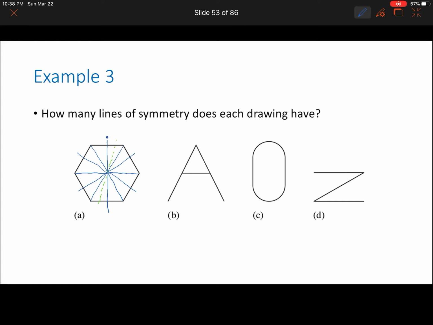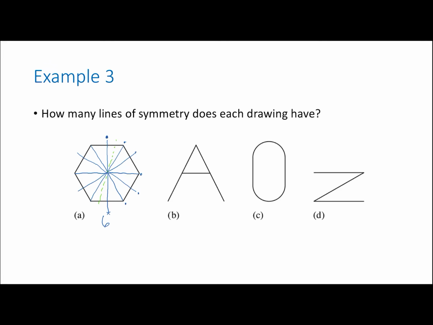We start here with this one: 1, 2, 3, 4, 5, 6, and then when we get back to this one, we're starting over. We've already counted that line. So there are 6 lines of symmetry, and you can see each of those pop up in red. Mine's pretty close to that. And again, you can see the answer down here as being 6.